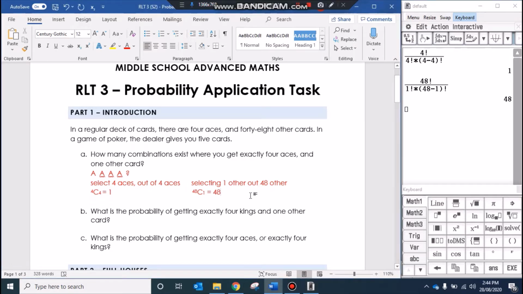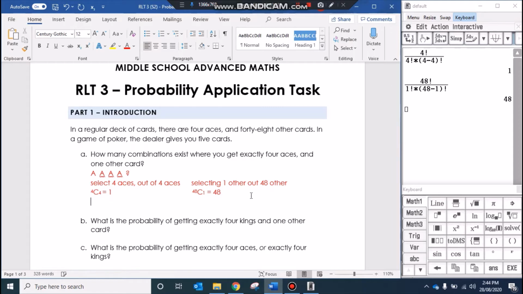Now, what do we actually do with these numbers now that we know? Well, you can think of the question as selecting 4 aces out of 4 aces, and you need to select 1 other card. So remember that often when we have the word "and", it means we're using the multiplication rule.